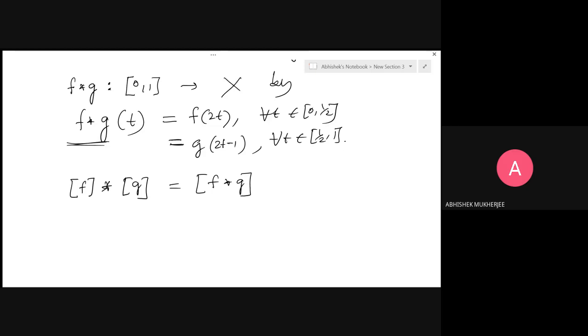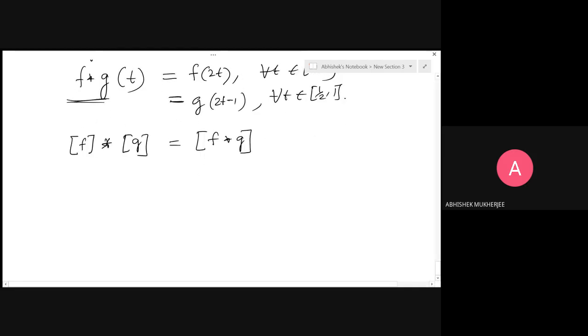And for this operation you need to check the well-definedness. For this reason, you need to consider two paths f and f dash, which are homotopic to each other, and g and g dash, which are homotopic to each other.